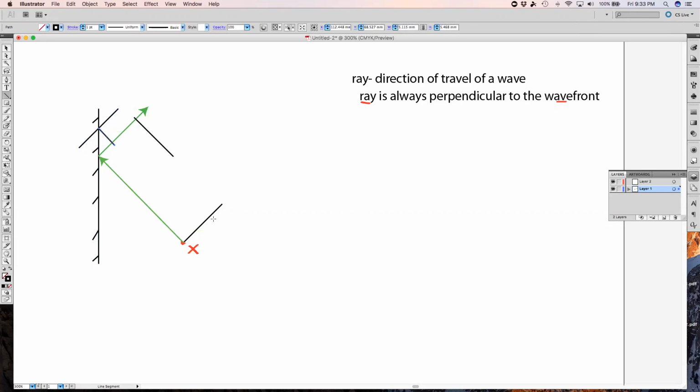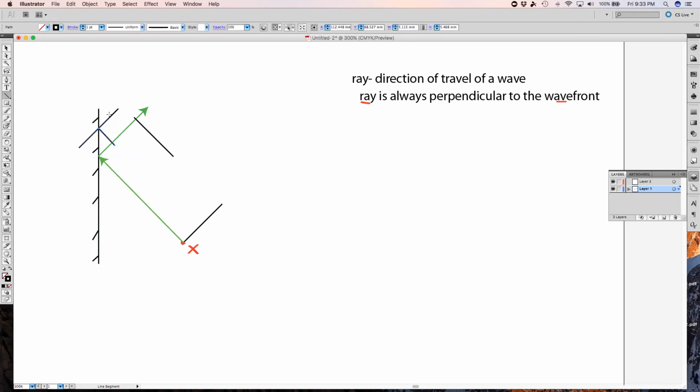This is before. This is while it is being reflected. This is after it has been reflected. We clear on that? Everybody clear that? Before, after, and this is while it is being reflected.